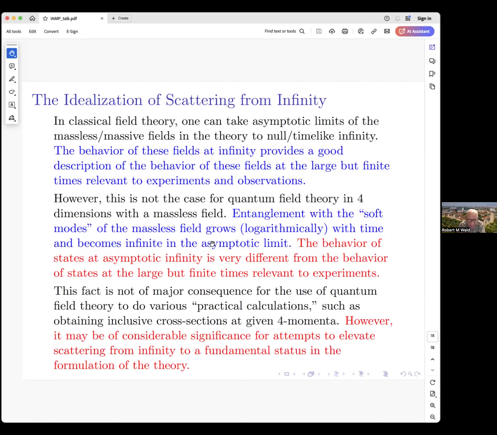And my view is that one should not elevate scattering from infinity to some fundamental status in the formulation of quantum field theory in at least 4 dimensions when you have a massless field around. Okay, thank you.